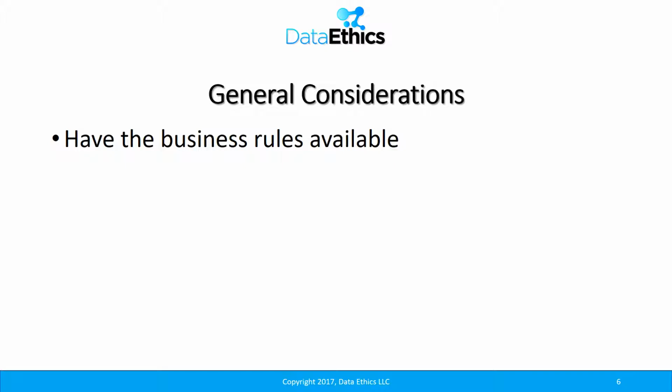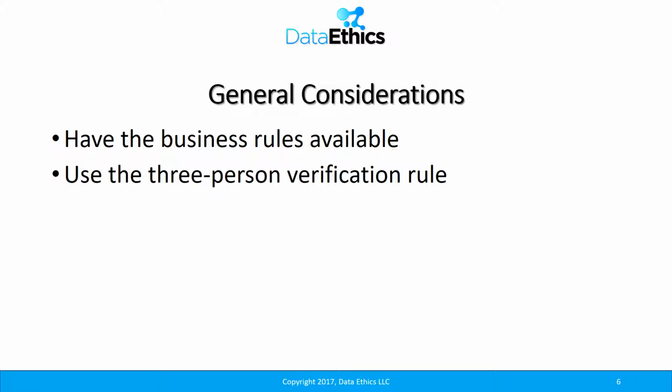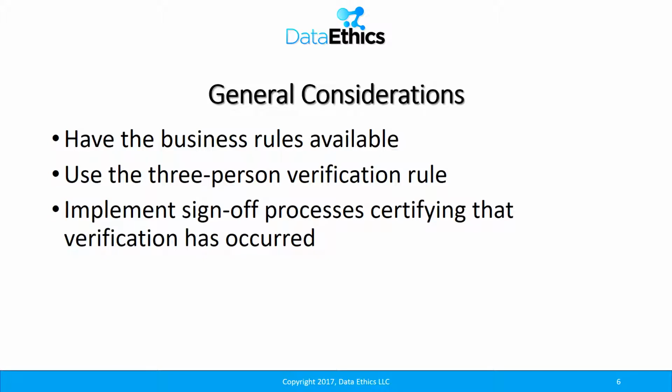Have business rules available so that the data that's been collected can be cross-checked against what was intended to be collected. Use a 3-person verification rule so that there is a consensus process regarding the verification, especially when changes need to be made, such that discussions can occur and that there aren't unilateral decisions being made to change data.